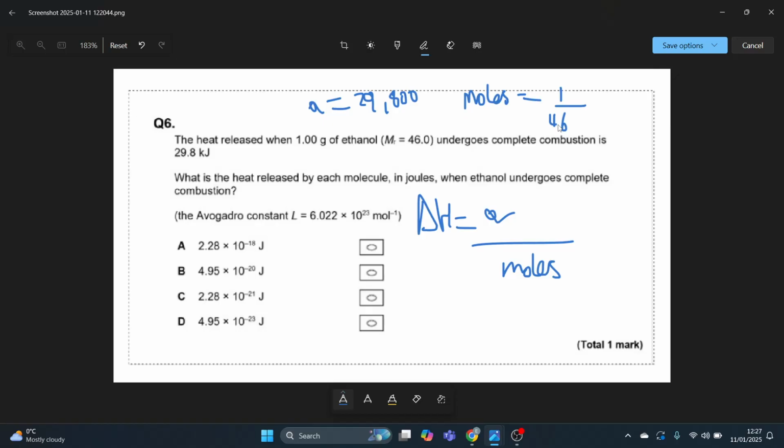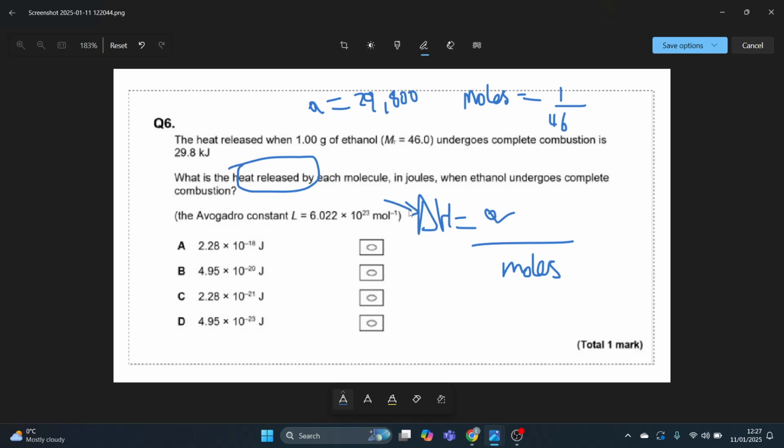The heat released when 1 gram of ethanol with an Mr of 46 undergoes complete combustion is 29,800 joules. What is the heat released by each molecule in joules when ethanol undergoes complete combustion? Avogadro's constant is 6.022 times 10 to the power 23 mole to the power minus 1. I don't think I'm using the correct equation, because that's heat released. It's not asking for enthalpy of combustion, is it?